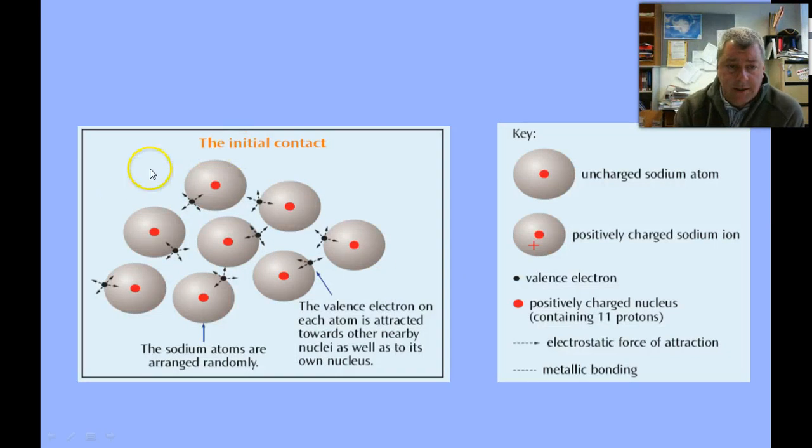So again, here's another diagram. Here are our cations, and these valence electrons are attracted to all these cations. So this is the initial contact, when we're making a solid metal.